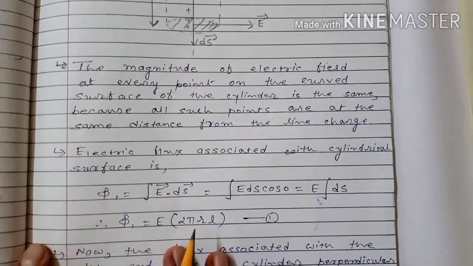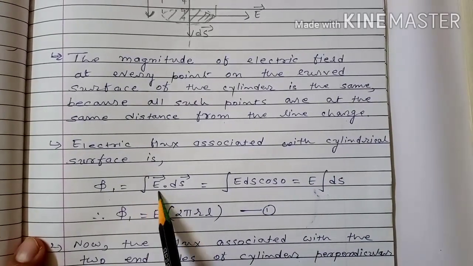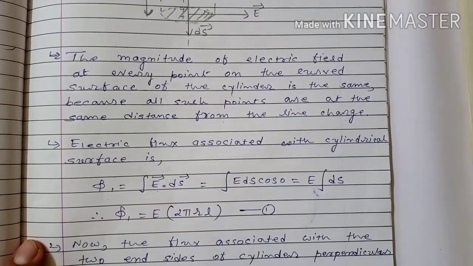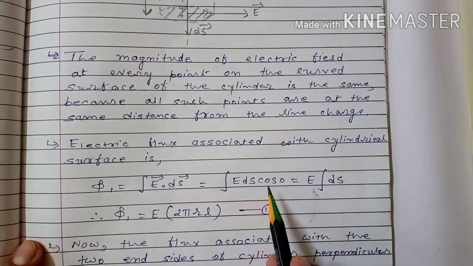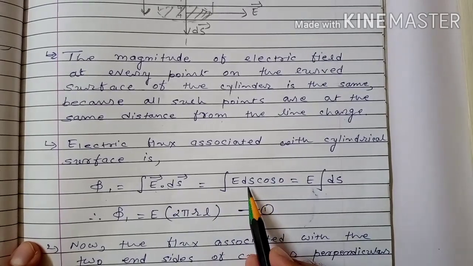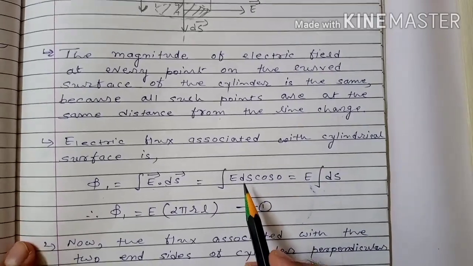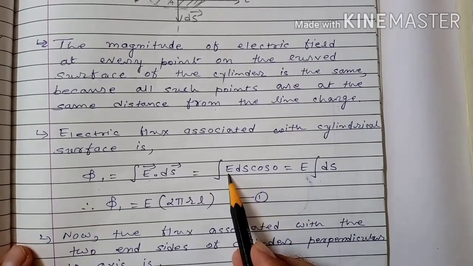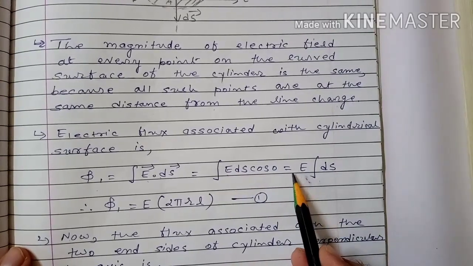So the electric flux associated with the cylindrical surface, phi 1, is equal to the integration of E vector dot ds vector. If we remove the dot, then it is the integration of E ds cos theta, where theta is the angle between the electric field and the area vector, that is 0 because both are in the same direction. The magnitude of the electric field is constant, so we can take it out.